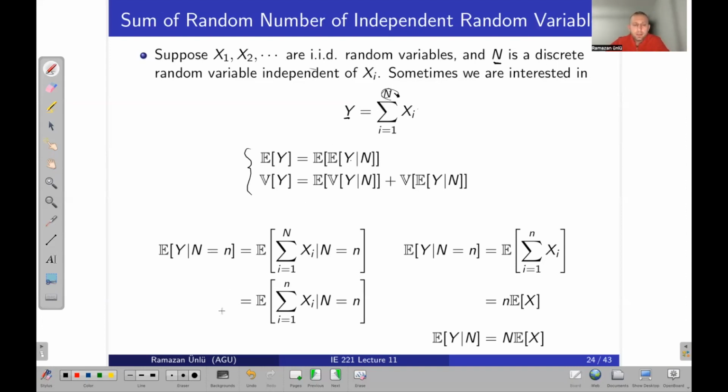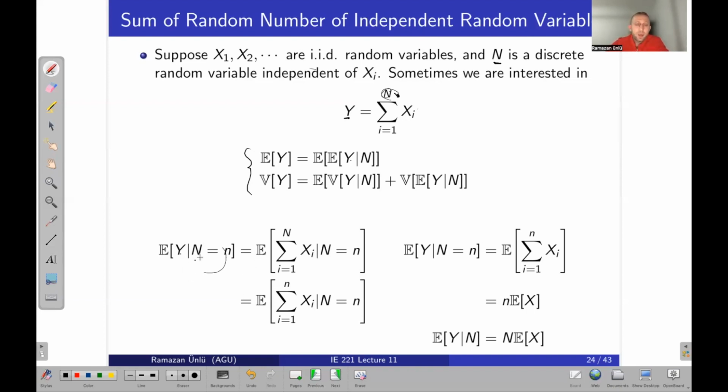I want to calculate the expected value of Y given the number of random variables. If that is, for example, 2, Y will be X1 plus X2. If N is 3, Y will be X1 plus X2 plus X3.